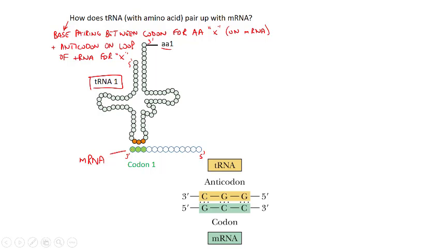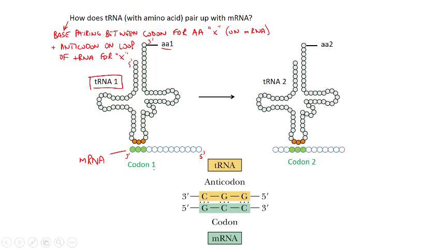So what's going to happen is the tRNA for amino acid 1 will base pair briefly with codon 1. And then at the same time, the tRNA for codon 2 will base pair with the codon at codon site 2. And what happens next is the amino acid 1 gets transferred onto amino acid 2, so that we end up building up our polypeptide chain from N-terminus to C-terminus.